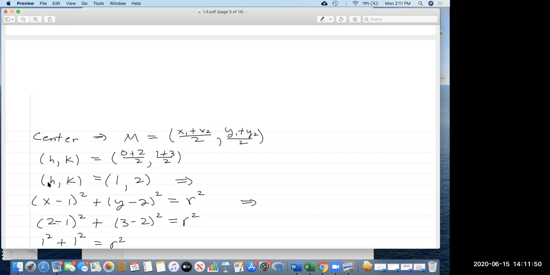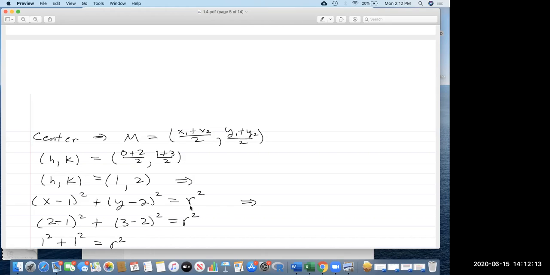And so the center of my circle is at (1, 2). Therefore, the equation of my circle is (x minus h) squared plus (y minus k) squared equals r squared, where h is 1 and k is 2. So the equation of my circle is (x minus 1) squared plus (y minus 2) squared equaling r squared.